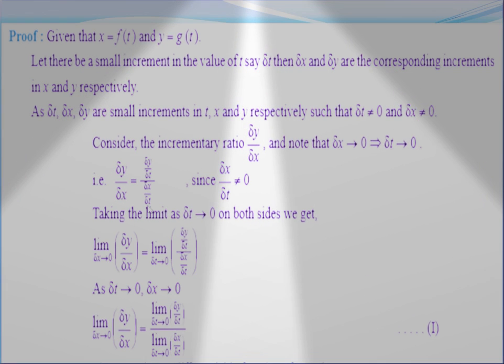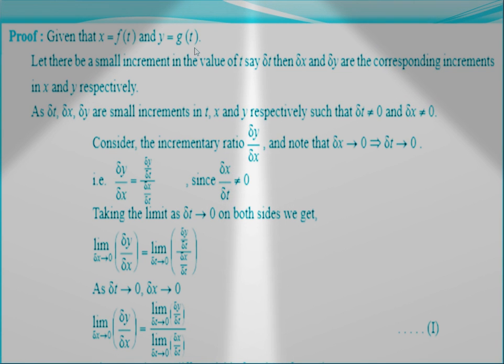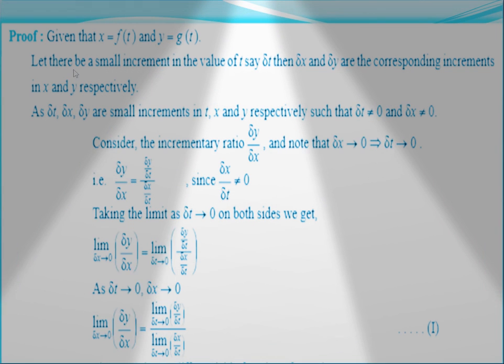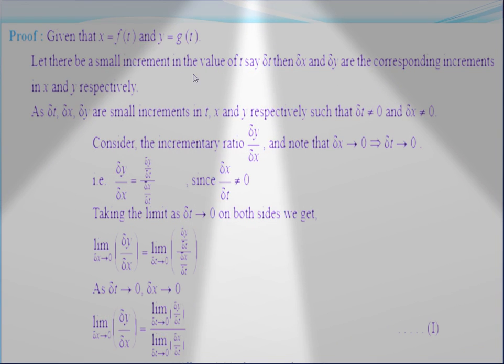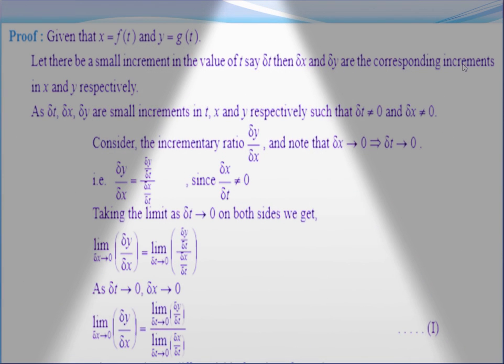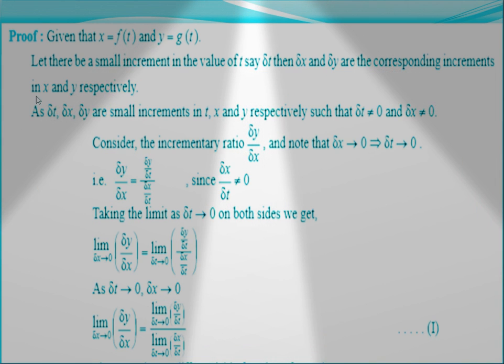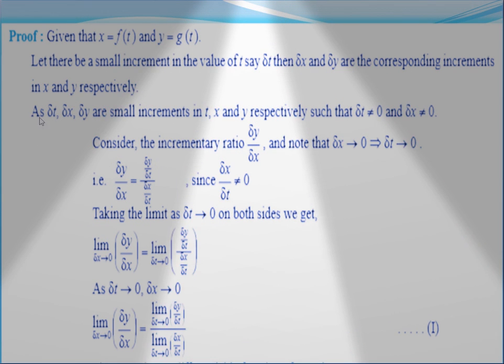Proof: given that x equal to f of t and y equal to g of t, let there be a small increment in the value of t, say delta t, then delta x and delta y are the corresponding increments in x and y respectively.